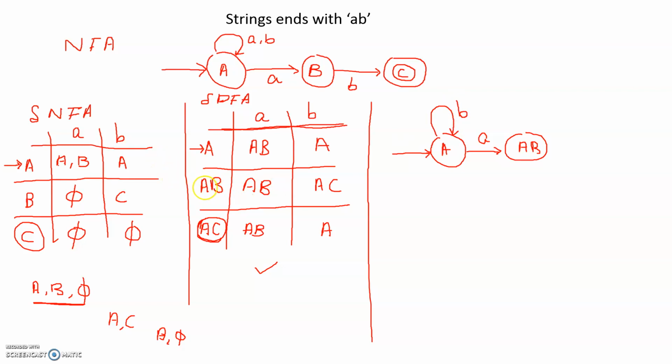Now AB, on seeing A, it will remain in the same state, and on seeing a B, it will go to another state, that is AC. In state AC, on seeing an A, it will go to state AB, and on seeing a B, it will go to state A.